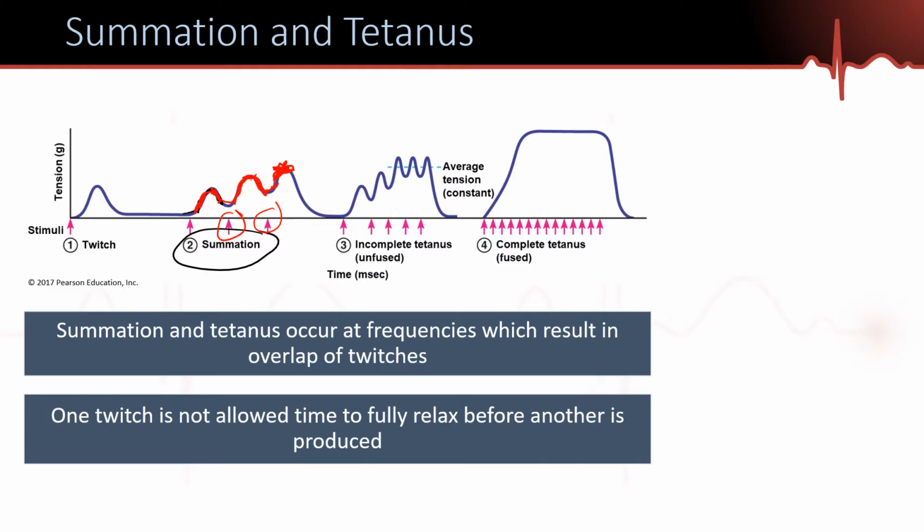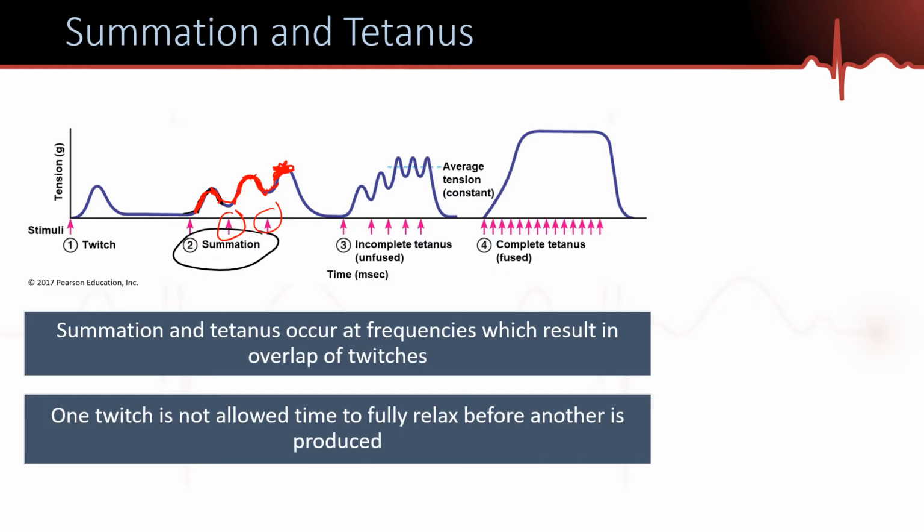This is what lab experiments show us at least: as long as the intervals between the action potentials are long enough that the calcium can begin to be reuptaken at a significant rate, and relaxation can begin between the action potentials arriving, you're never really going to get maximal force.